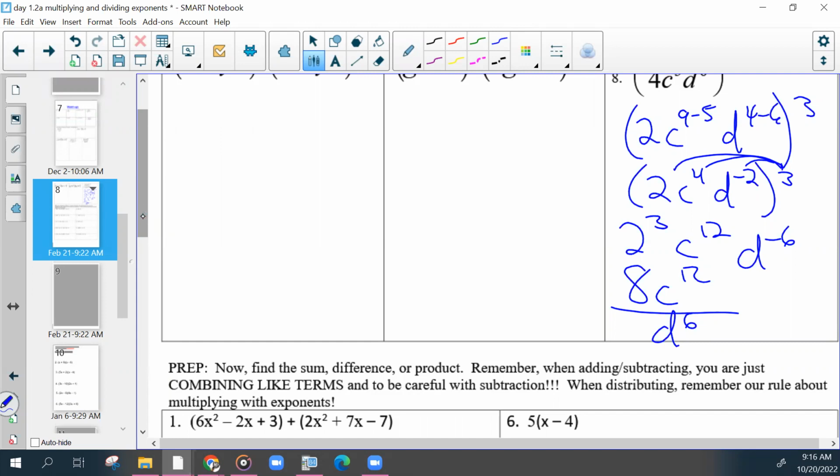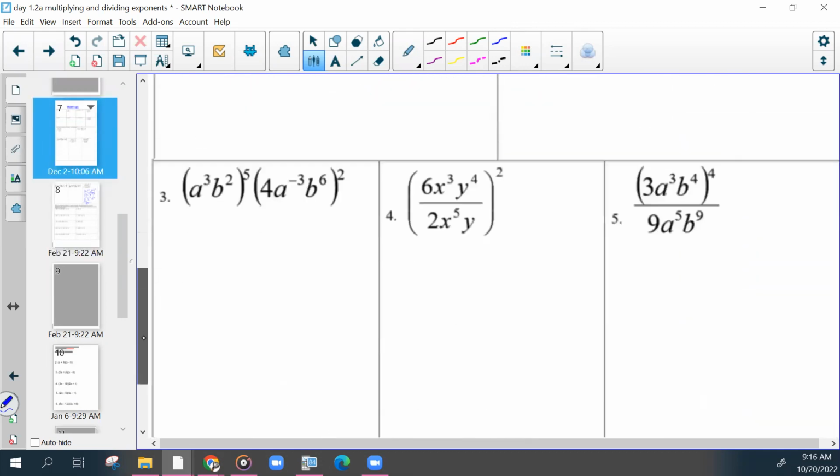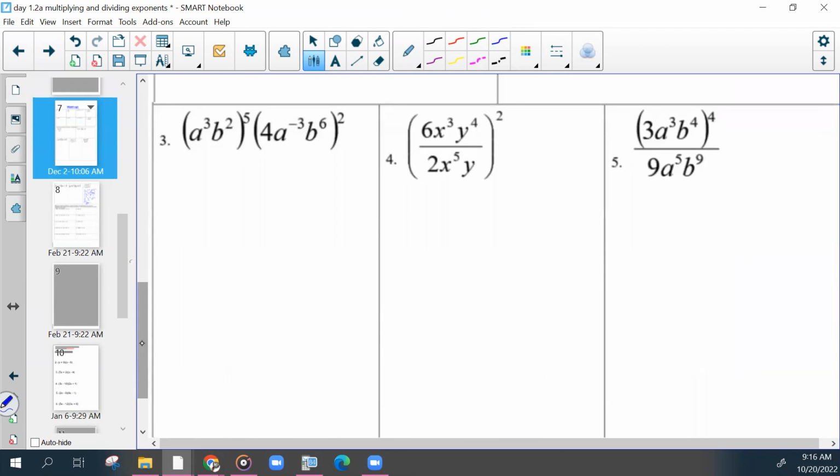Other questions or questions about that? 1 through 7 now. Yeah, number 5, on the other page. 5 is kind of similar to what we were doing on the quick check 2, what we just did.